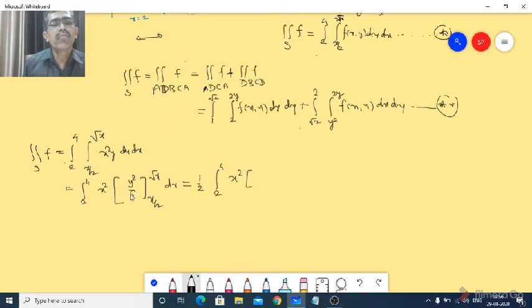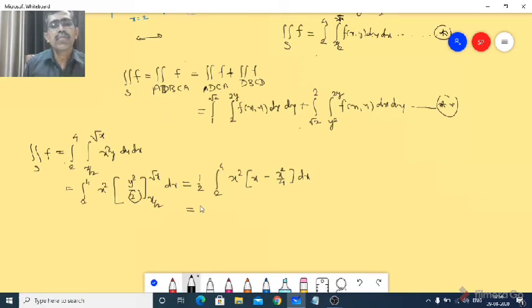Only y square is inside, so that is x, because root x square is x, minus x by 2 whole square, that is x square upon 4, with respect to x.